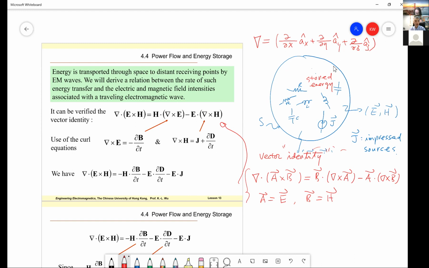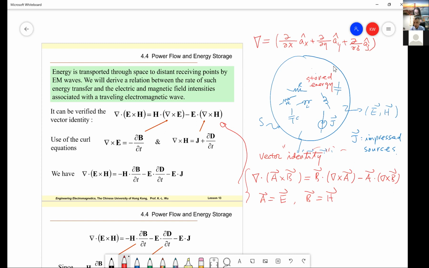This is always true because mathematically it is true. From here we don't know what the E and H are so far. It's just a symbol, right? We have to give life to them.